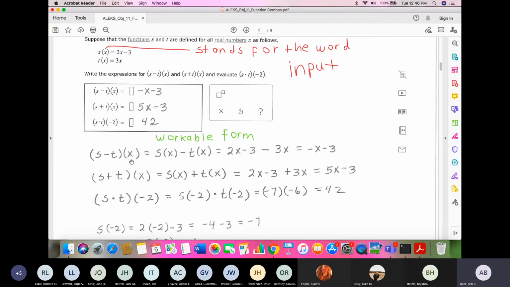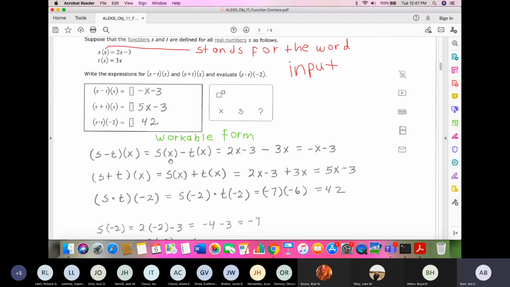So we have s of x and then minus, from here, t of what? T of x. Now that looks like a problem that we can work with, because we see s of x, we've got s of x up here. We see t of x, we've got t of x down here. So we can work with this. It's why it's called workable form.